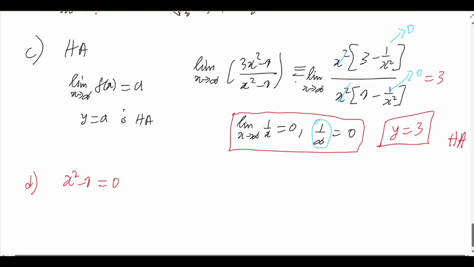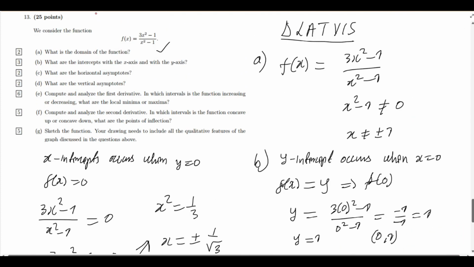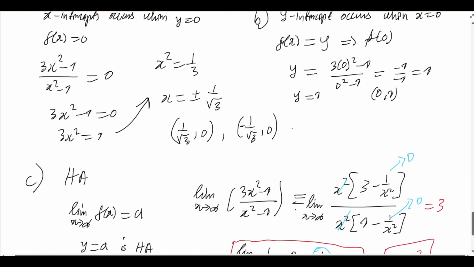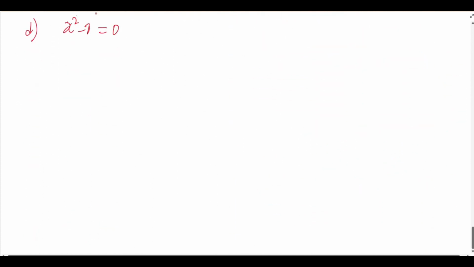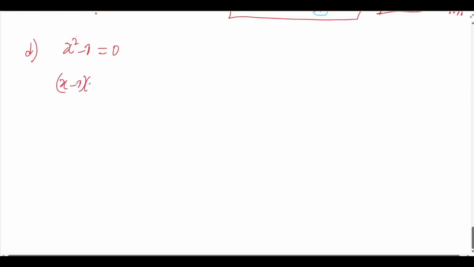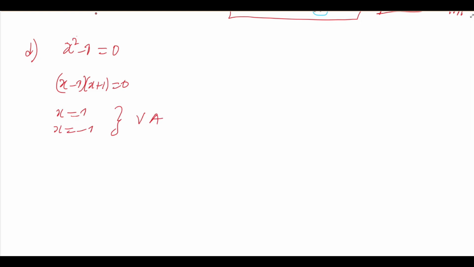If this denominator is 0, it's going to give us all the vertical asymptotes. So this is (x minus 1)(x plus 1) equal to 0. So x will be 1 and x will be minus 1. So these are the two vertical asymptotes.